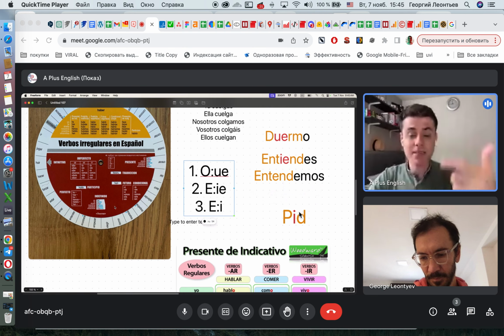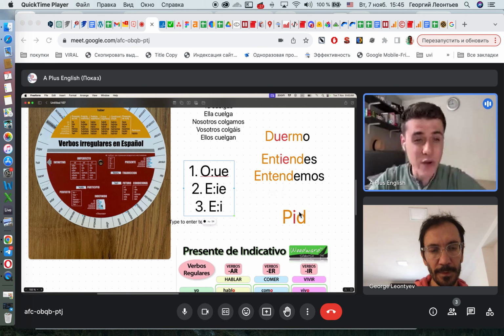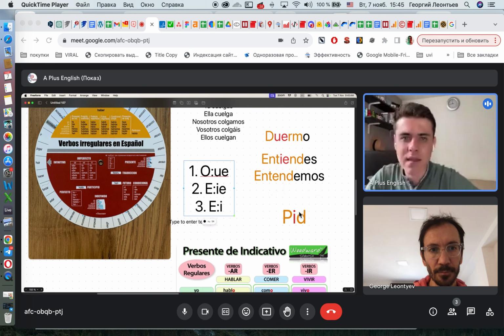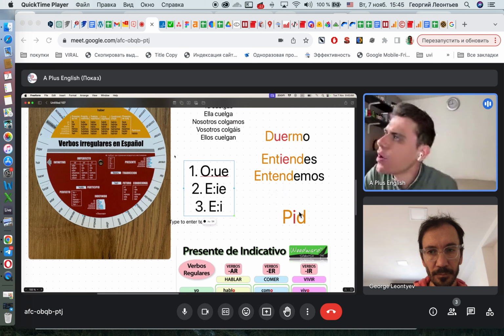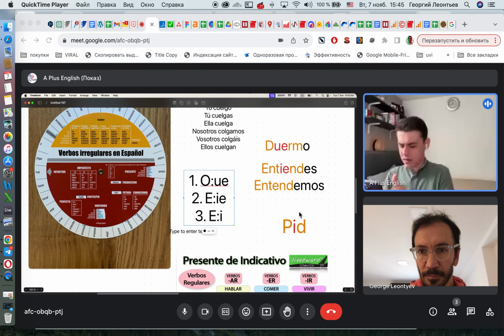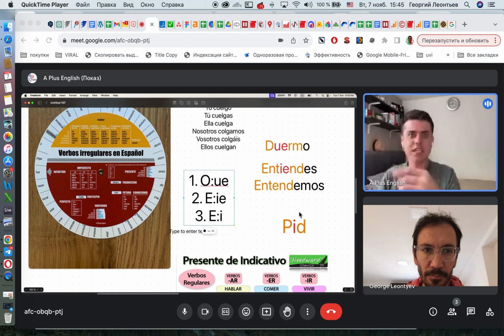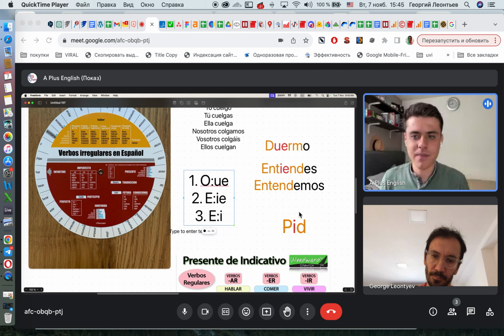This little circle is important for the verbs that are really weird, right? Like, for example, huir. Huir has a Y that there's no logical explanation. It's just you have to put a Y there, right? For example, the verb, maybe you have it on the other side, the verb traducir, right?